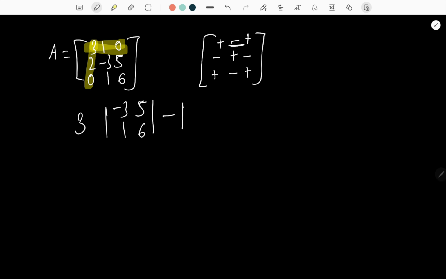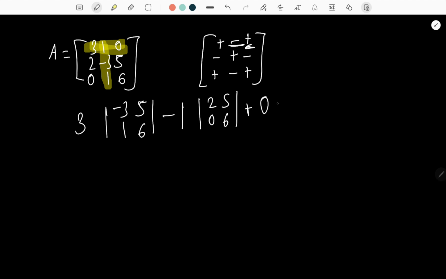Now again we have to remove this line here. What is left now? 2, 5, 0, 6. So that's the matrix we have to do. And the next sign is plus, and as you can see, it's 0.